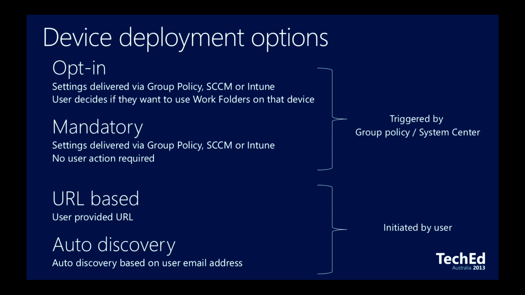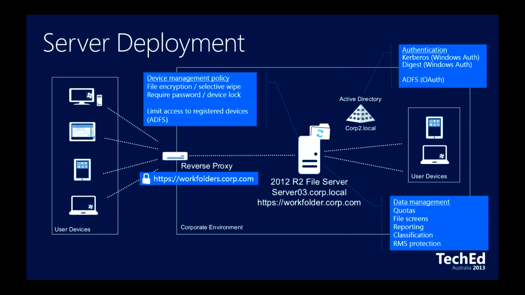Maybe you do that just for your pilot program before you set up the external work folders DNS records. Maybe you just really hate your users and you want to subject them to a lot of pain and have them type in long URLs. Works for me. Or you use the auto discovery, which I showed you before how to set up. So there's a lot of ways you can configure work folders. You can either configure it for them or you can let them configure it.